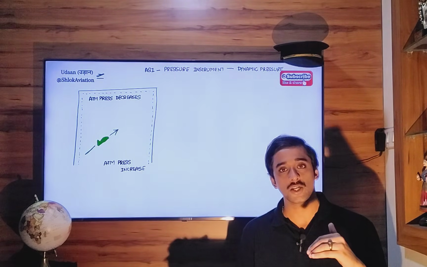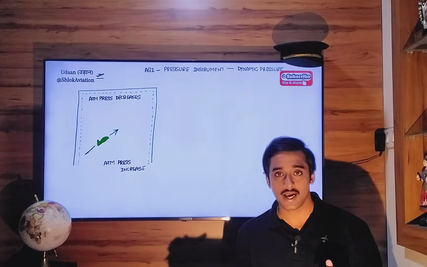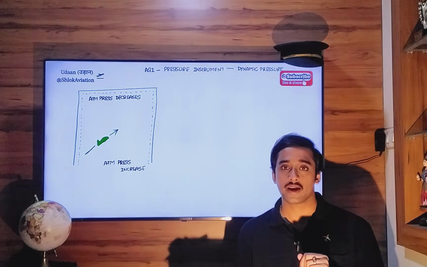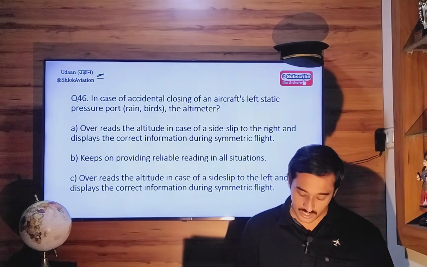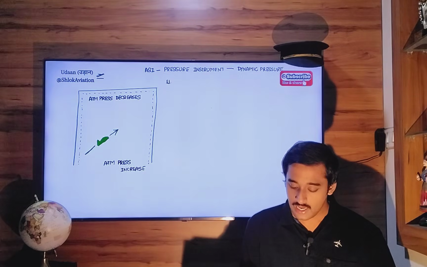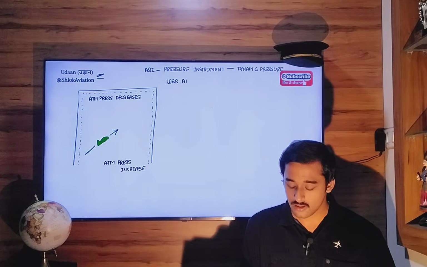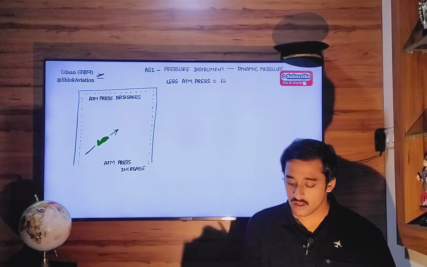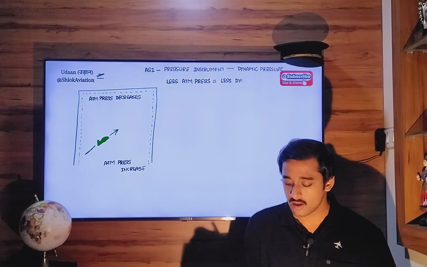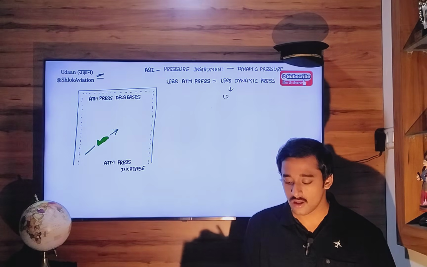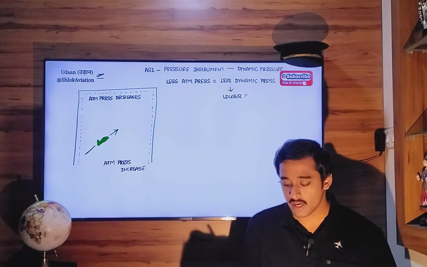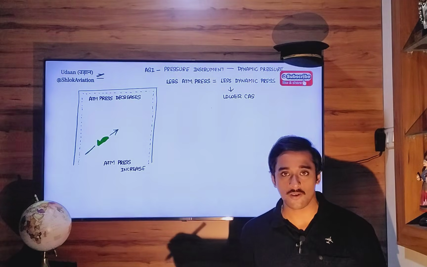So less dynamic pressure will be indicated as less forward speed, less calibrated airspeed, correct? So, less atmospheric pressure equals less dynamic pressure. This less dynamic pressure will translate into a lower indication of calibrated airspeed.